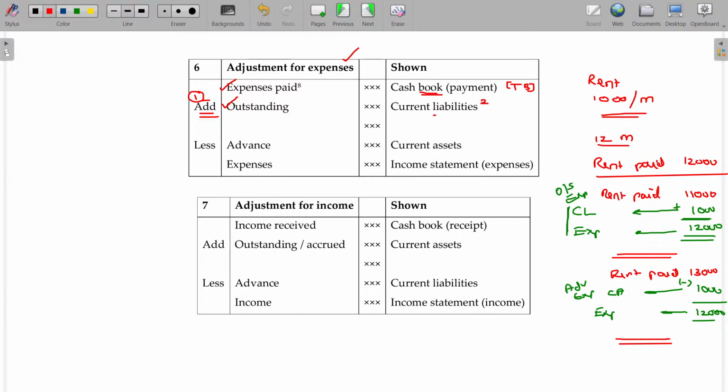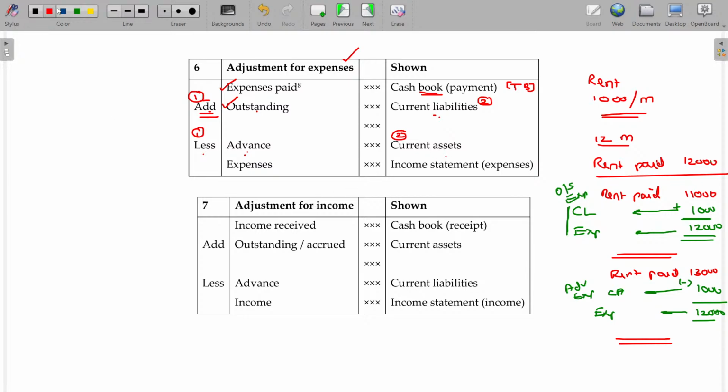It should be posted in the current liabilities, the second entry. So two entries will be passed. In case you pay extra, that will be called advances, that will be subtracted. Okay, first entry. And not only that, the subtracted item, are you supposed to pay later on? No, you are not liable to pay. But remember, in case of outstanding expenses, add and current liabilities. In case of advance expenses or prepaid expenses, less and current asset.